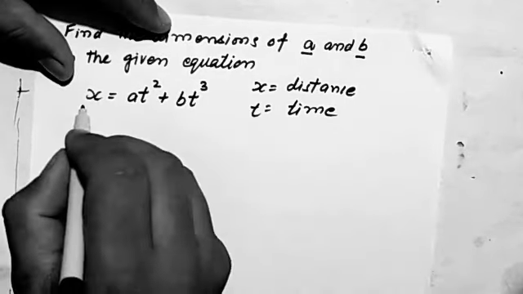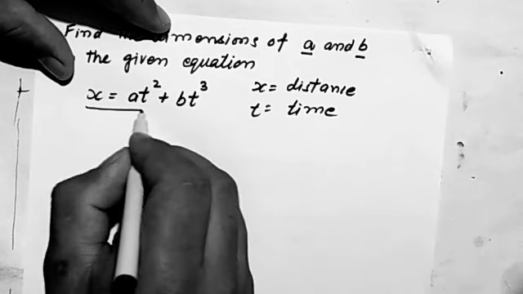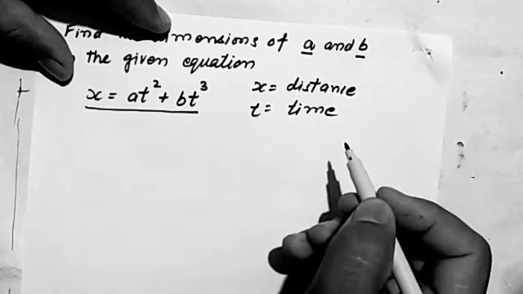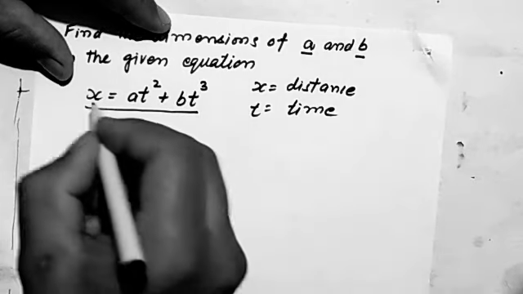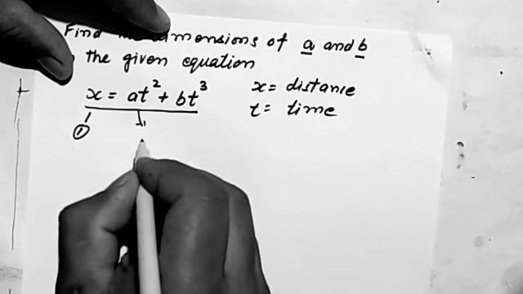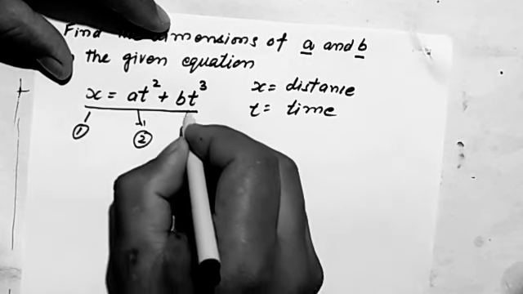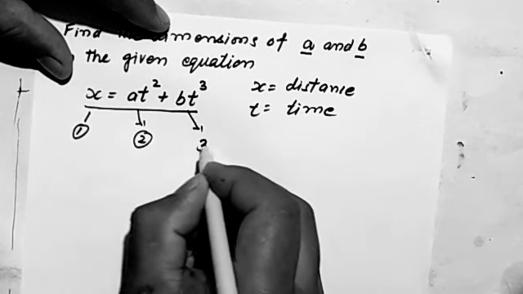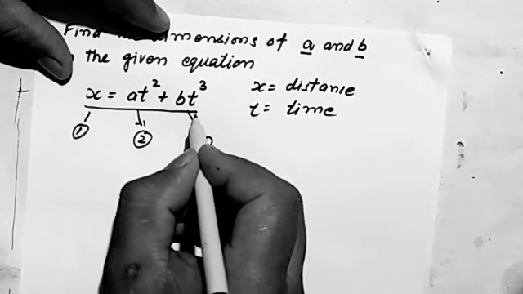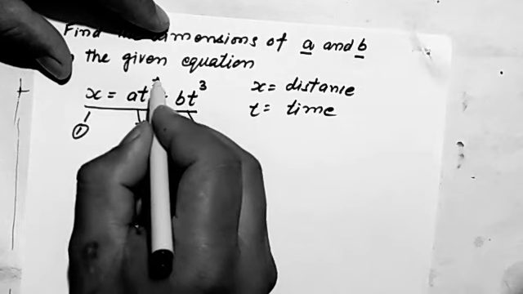Again we shall use the same concept of the principle of homogeneity, that only same terms can be added and subtracted. So here x is your first term, At square you will take as the second term, and Bt cube you will take as the third term. How will you separate the terms, my dear students?